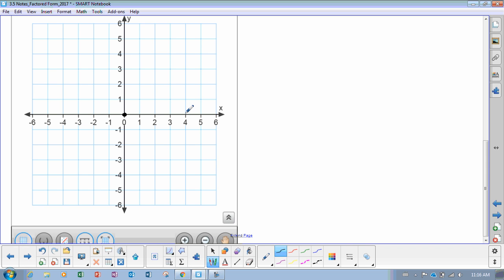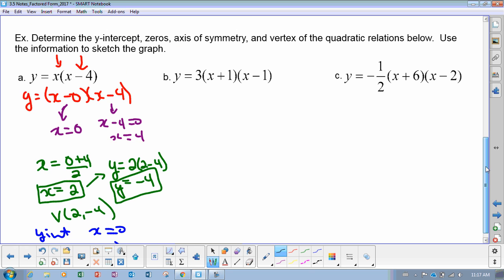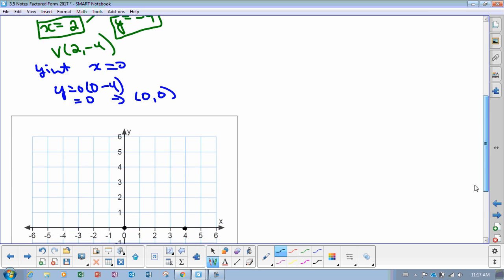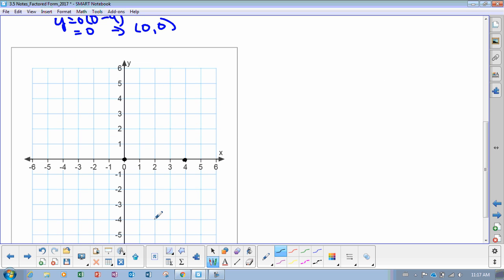We also had a zero at 4, 0. And then we figured out that our vertex, x was equal to 2 and y is equal to negative 4. So I'm going to plot that point, 2 and negative 4. Oh, my hand's a bit shaky today. So there we go, that's our parabola. It's a pretty shaky one, but that's how we get our sketch.